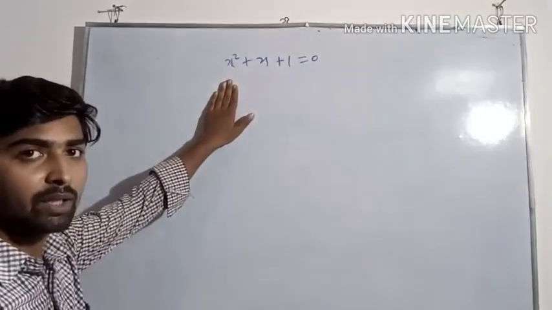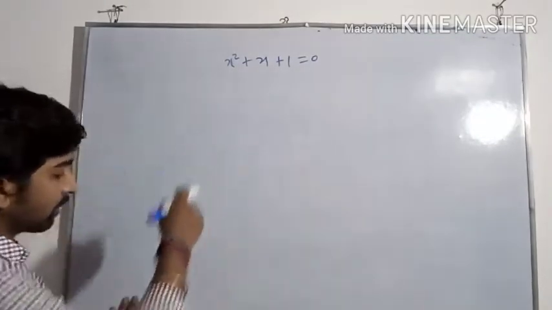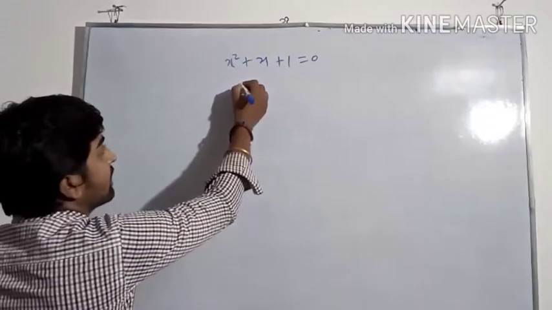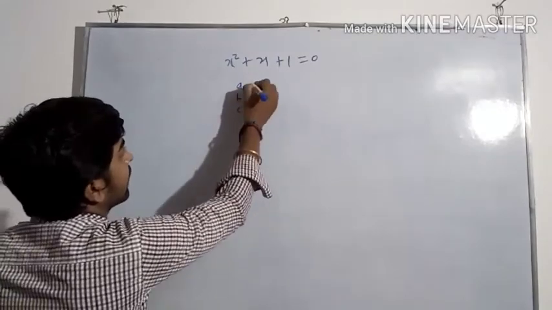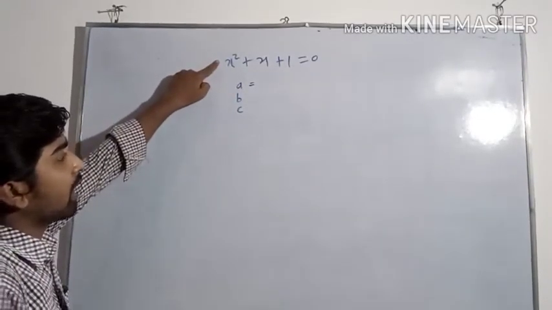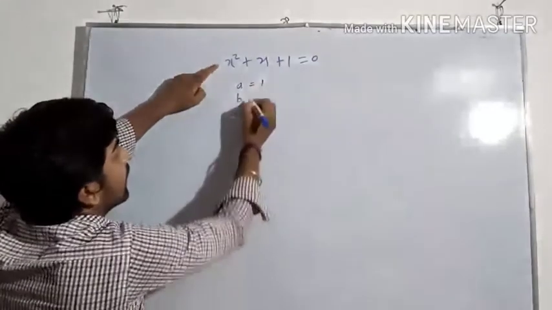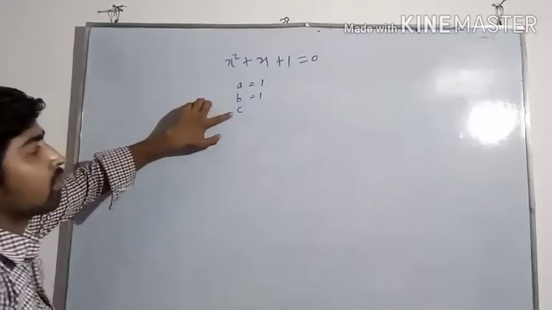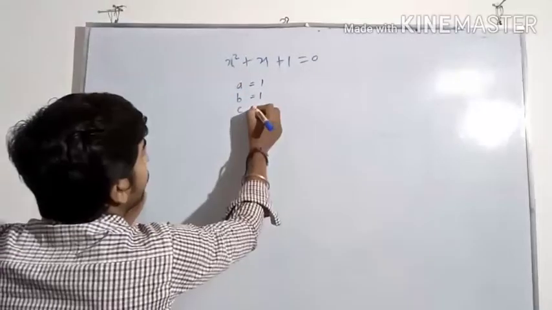To find the roots, first of all, we need coefficients a, b and c. Here, a is the multiple of x square, which is equal to 1. b is the multiple of x, which is equal to 1, and c is the constant term, which is equal to 1.